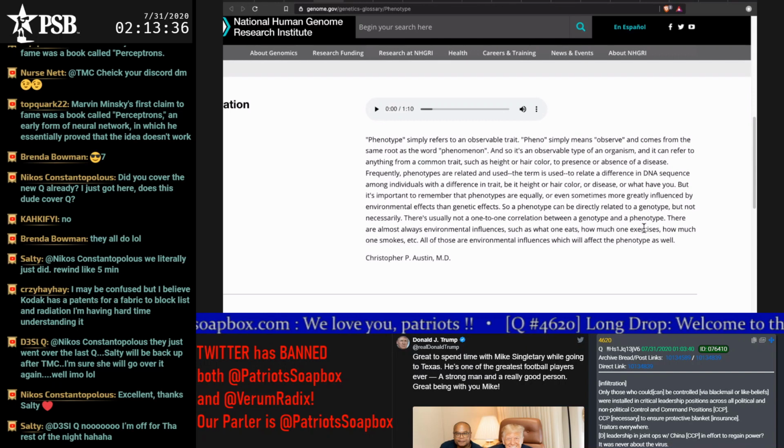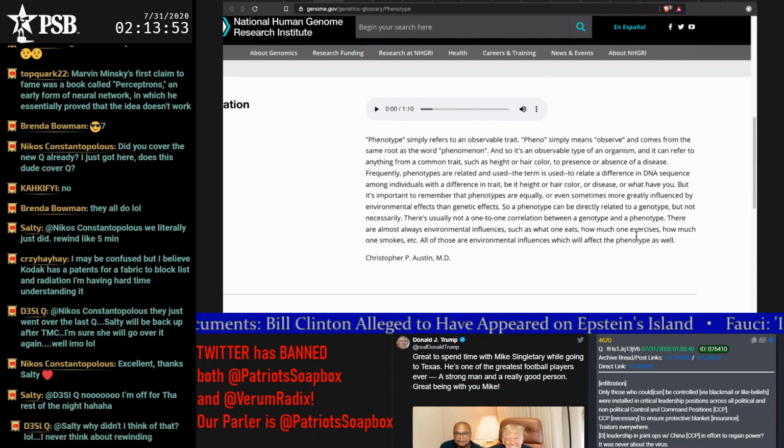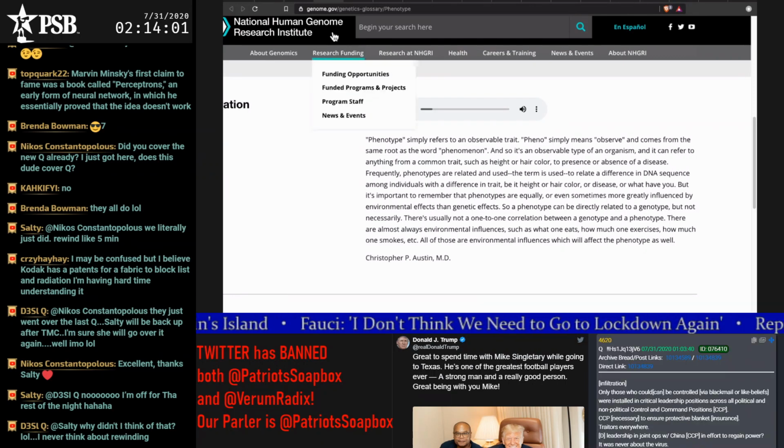So the epigenetic switches that tell the body or the DNA which pieces to turn on and which pieces to turn off ultimately make the phenotypes. There's almost always environmental influences, such as what one eats, how much one exercises, how much one smokes, etc. All of these are environmental influences which will affect the phenotype as well.